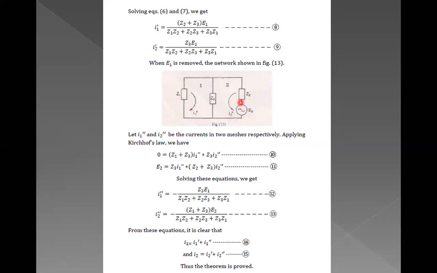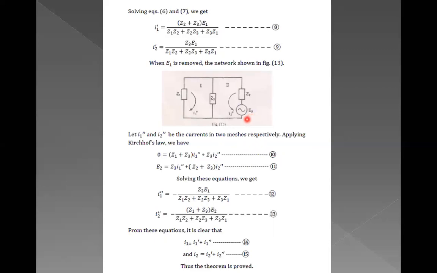This is Z1, Z2, and the common impedance for both meshes is Z3. This is mesh 1, mesh 2, with only one energy source, E2.